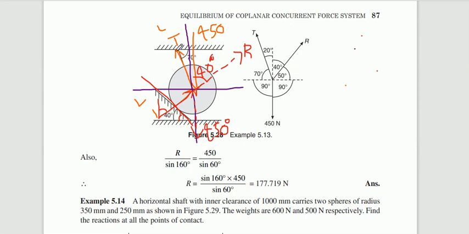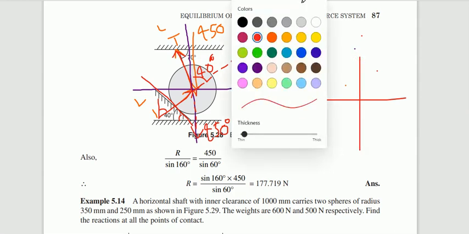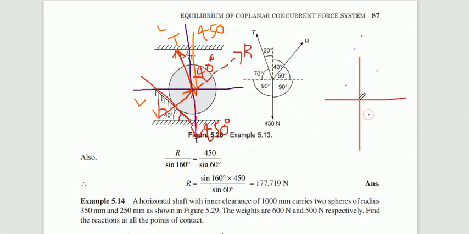Then the tension force is in this direction only. I will write separately the natural x, natural y, and the forces. Weight of the ball, which is 450, acting downward, and R is the reaction which is in this direction, making an angle of 40 degree with respect to the y-axis.